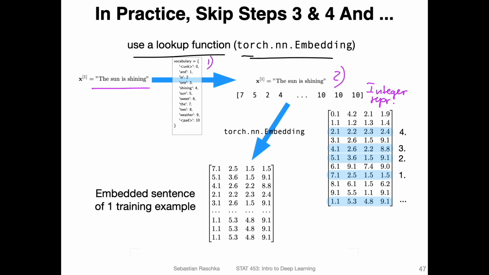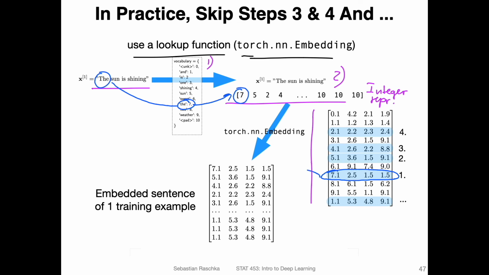There's no step 3. Instead, we are taking this integer vector directly together with our embedding matrix. This is the exact same embedding matrix that I've shown you. And then we are looking up these values now. So for word 7, let's say this one, for the word the, which corresponds to the 7 here, we are now looking up the row corresponding to 7.